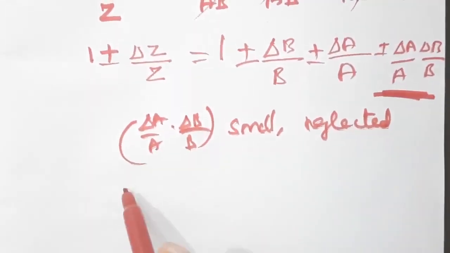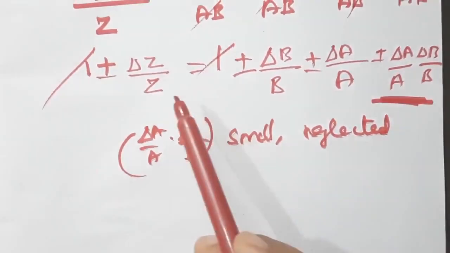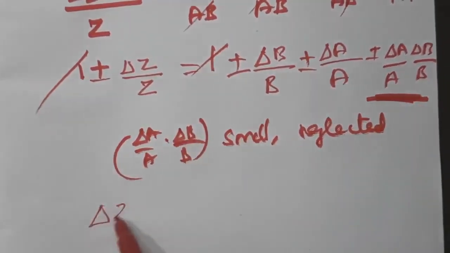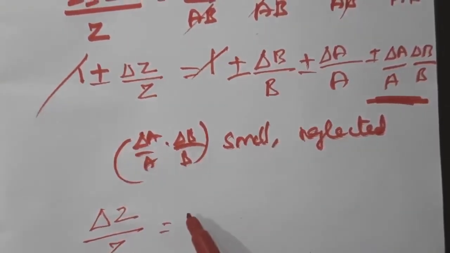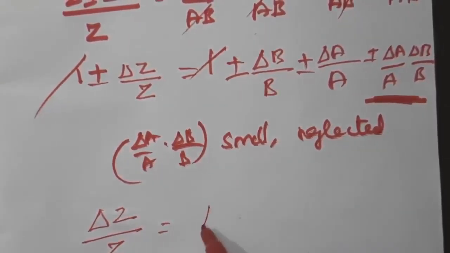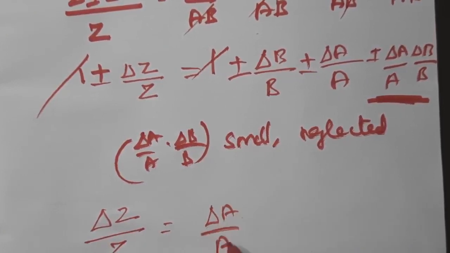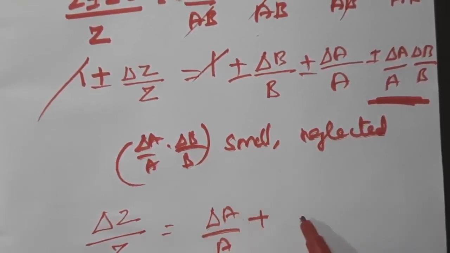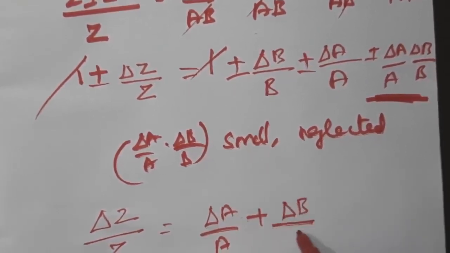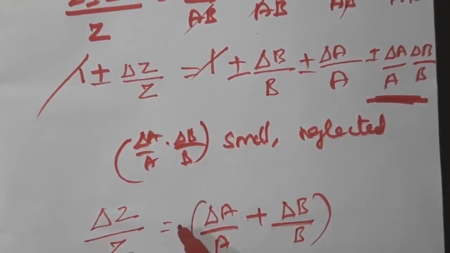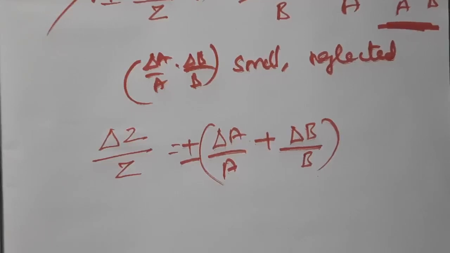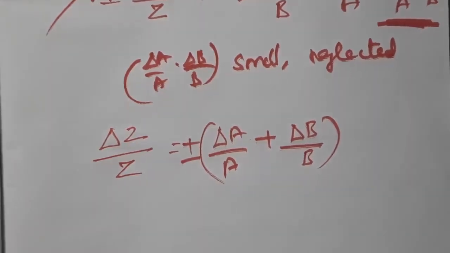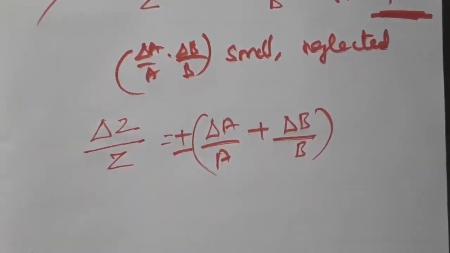So the remaining 1 also gets cancelled. So delta Z by Z is equal to delta A by A plus delta B by B. Here we can write plus or minus. Delta Z by Z is equal to plus or minus delta A by A plus delta B by B.